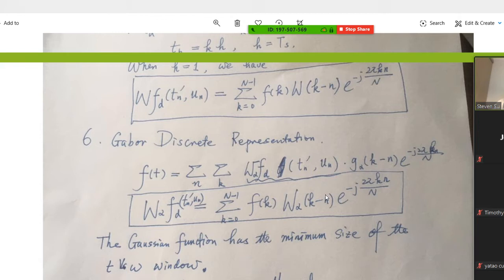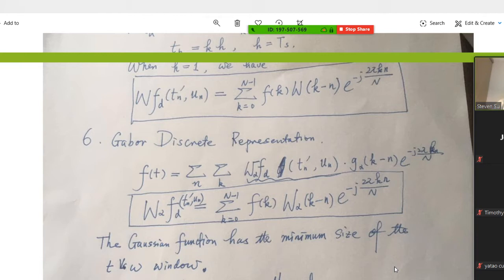If you fix the window, you can only get good resolution in either the frequency domain or the time domain, so they need a compromise. If you want to change the scale, you need to do another short-time Fourier transform, which is very time consuming. That's one disadvantage.